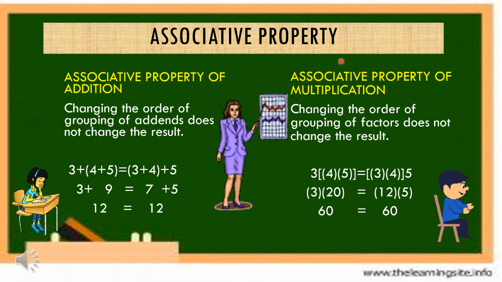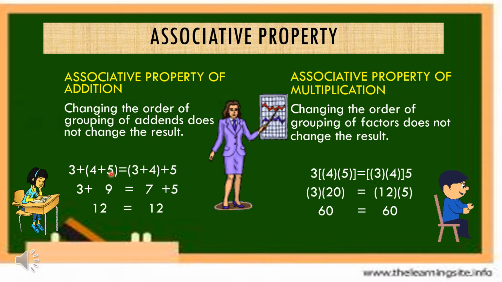We have associative property. So in associative property, we have two. Associative property of addition and associative property of multiplication. Associative property of addition means changing the order of the groupings of the addends does not change the result. Sa una, ang pinagrupo natin ay 4 at 5.